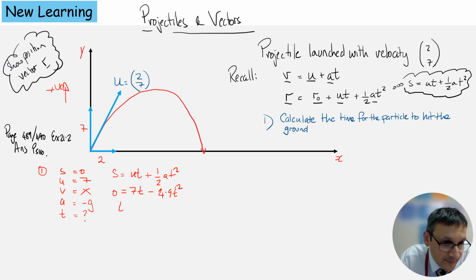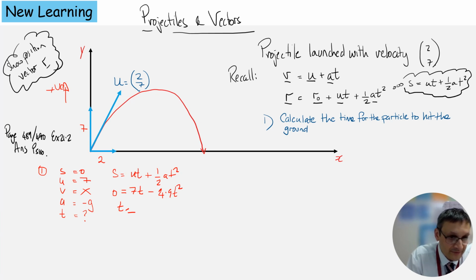If I plug that into a calculator and get it to solve it for me, what have we got? Minus 4.9, so that needs to go in as minus 4.9, we've got 7 in there, and we've got 0 for that.